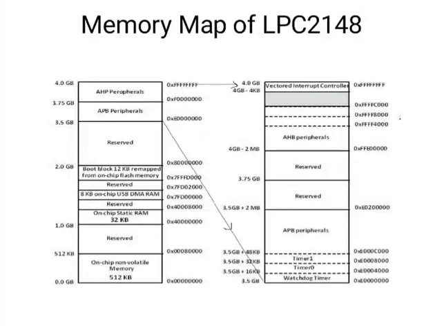In that it has a watchdog timer, timer 0, timer 1, APB peripherals, reserved again, AHB peripherals and vectored interrupt controller. So from 3.5 GB to 4 GB is reserved for APB peripheral and AHB peripheral.